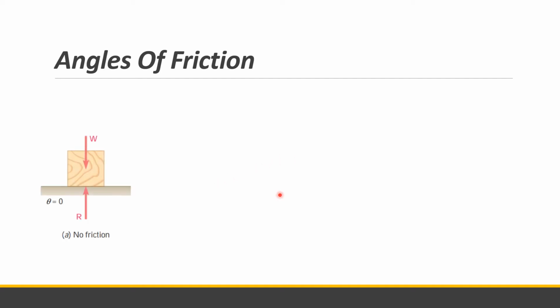So consider here a block resting on a board and subjected to another force other than its weight, or subjected by its weight and the reaction R. So the angle of friction here is still 0, no? Okay, so R is equal to, or our resultant is equal to the normal force, which is also equal to the weight for this diagram.